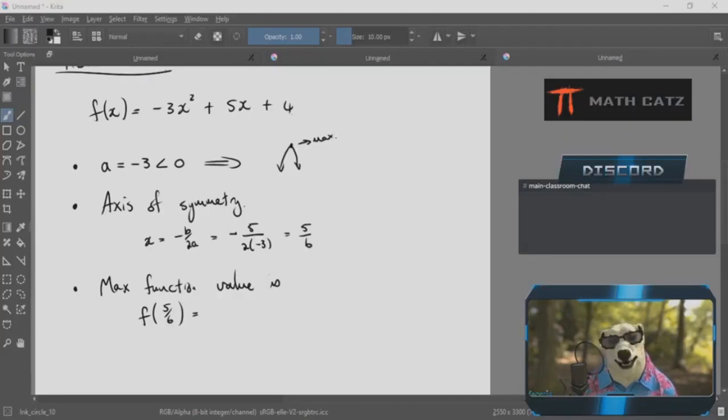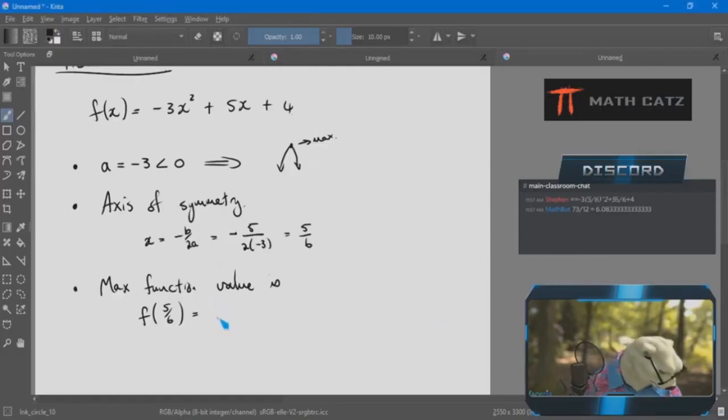So I have -3, oops, no, 2 equal signs, MathBot. -3 times, I have to square 5/6. Then add 5 times 5/6. Then add 4. What does MathBot say?